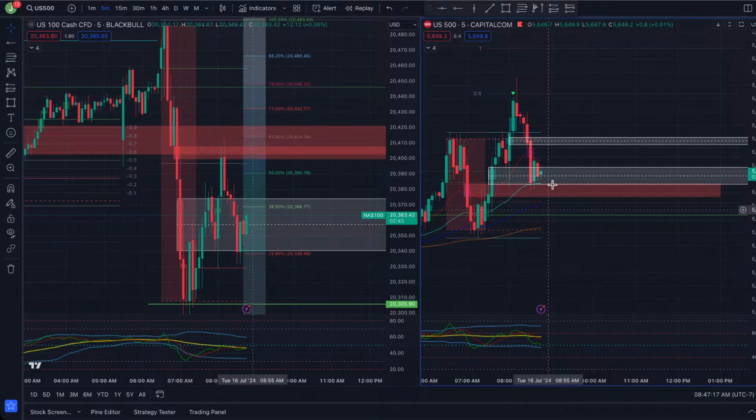Eventually you do have to pull the trigger and make a move and decide when you've seen enough confluence. So win or lose, this area, I believe, is the optimal trade entry based off of probabilities and confluence.